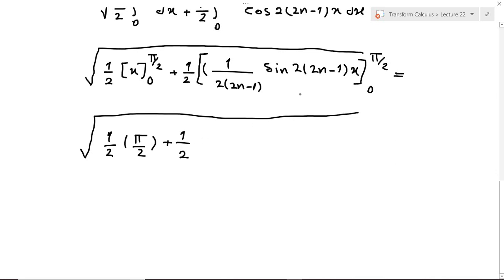In the second term, if I apply the upper limit, x is pi over 2, so we have 2 times pi over 2, which is pi. Sine of pi times an integer number is equal to 0. If I apply the lower limit, sine 0 is equal to 0. As a result, this term is equal to 0 times 0. So it's equal to root pi over 2. So we could find the norm of any function in the given set.